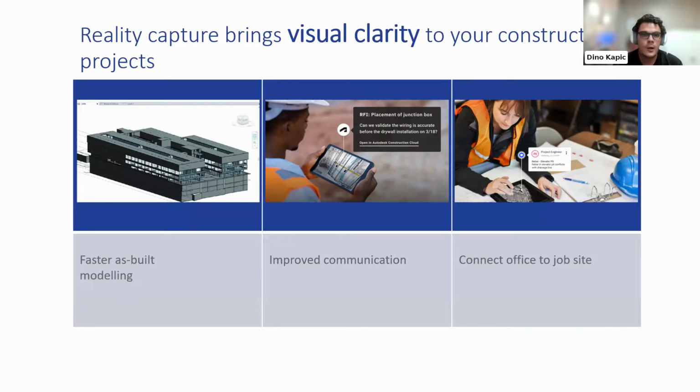We can draw schematic floor plans from it and get everything we need from that point cloud. Or we can lighten the touch a bit and use the point cloud to model on our side. We can even lighten the touch more, using it just as a communication tool for raising issues or RFIs on site.